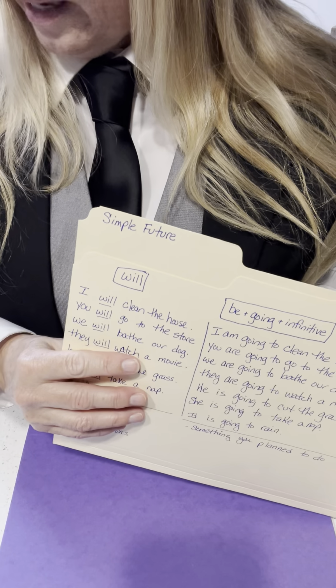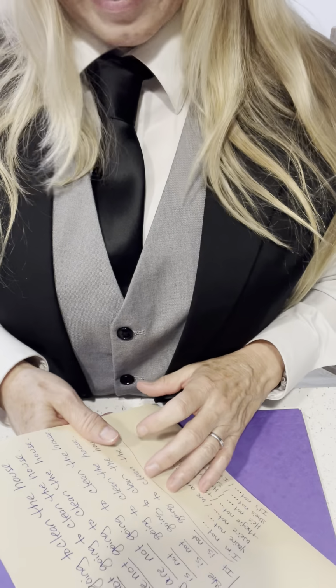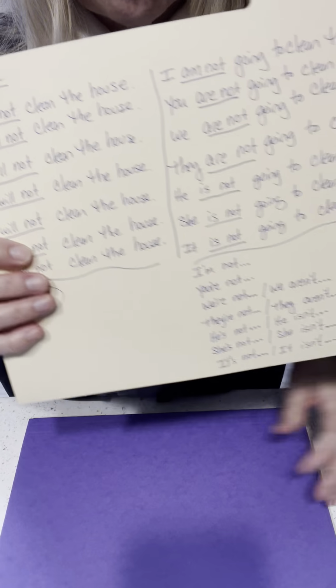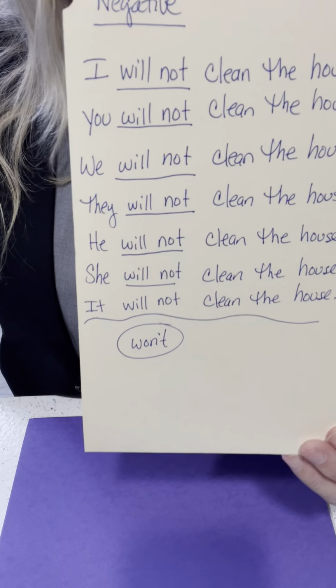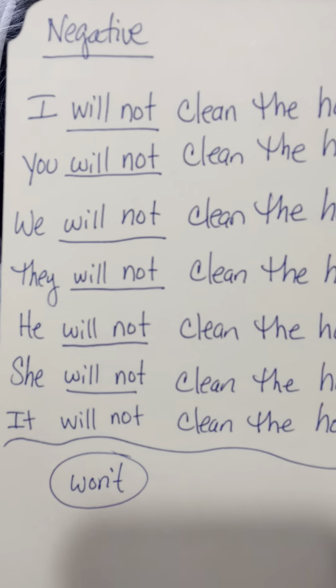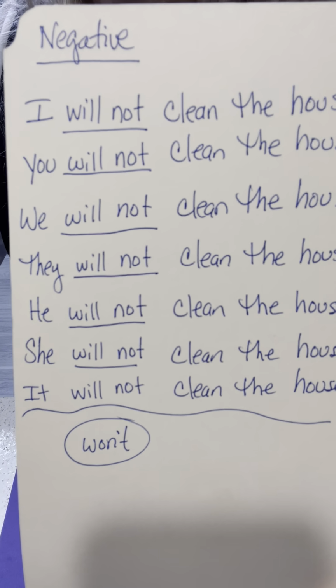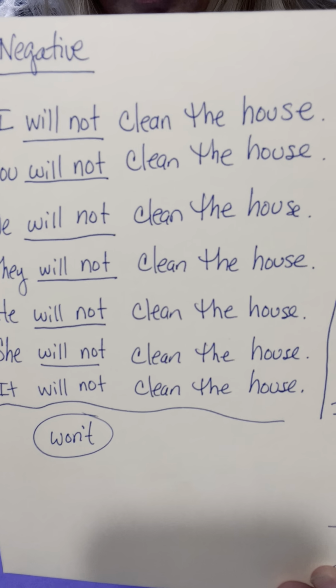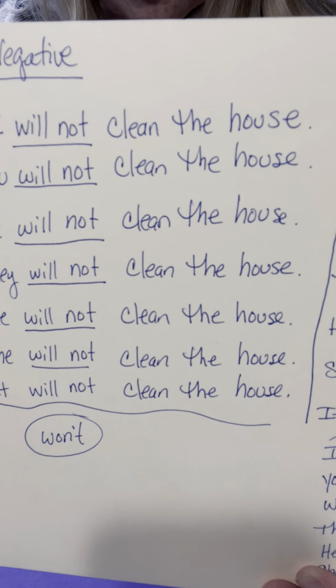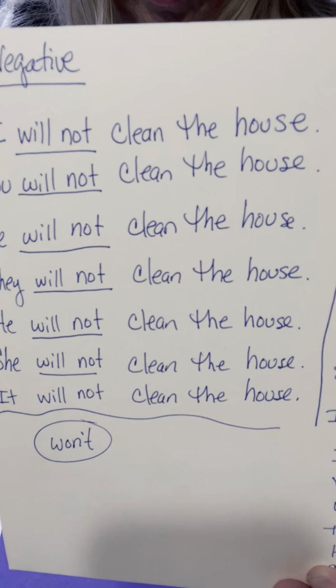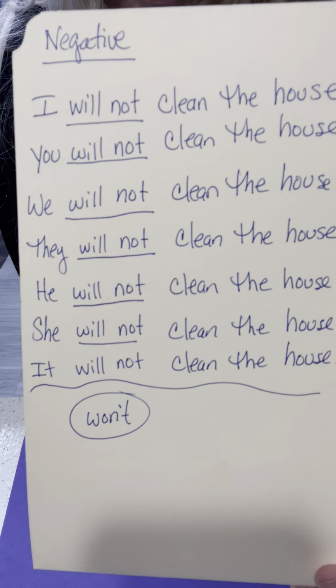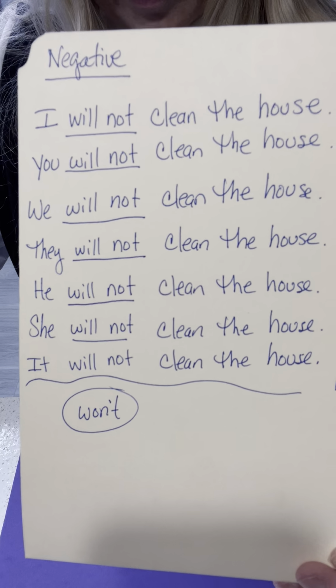Okay, let's take a look now at the negative form of both will and be going to. So basically here, all we have to do to make it negative is add the word not in the right place. And that place is after the word will.